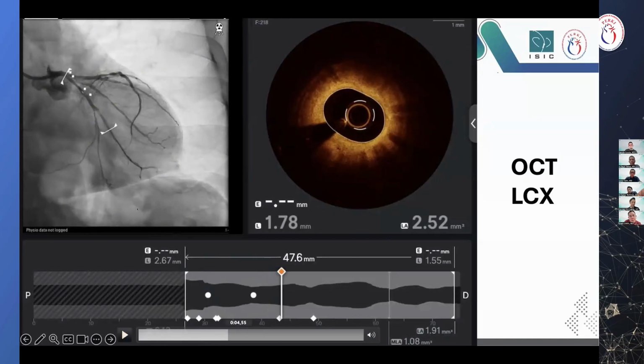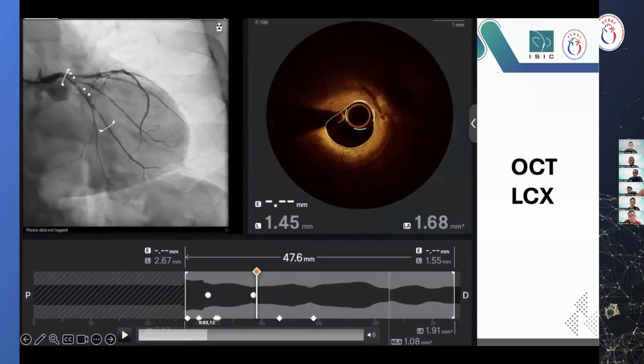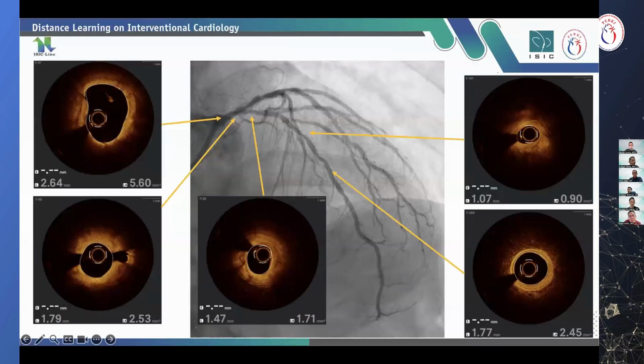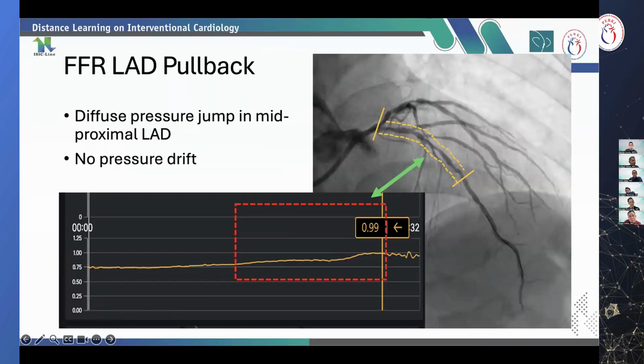Okay. From the FFR, it is still normal, but there is a pressure jump because I think the diagonal one is very big, and the flow is going to the diagonal one. So why is the first FFR examination still normal, but after the diagonal one there is a significant pressure jump and significant stenosis?